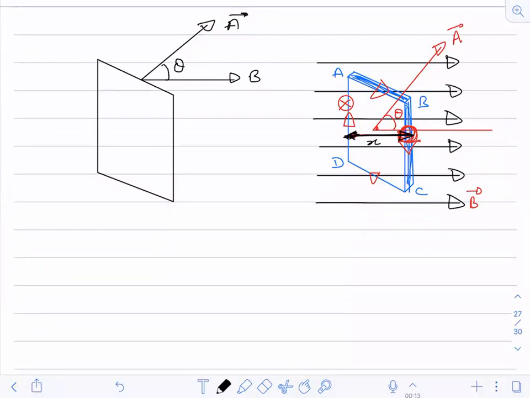Now, if this angle is theta, can you tell me what this angle is? This angle over here will be 90 minus theta. And if this is 90 minus theta, this angle will be theta.